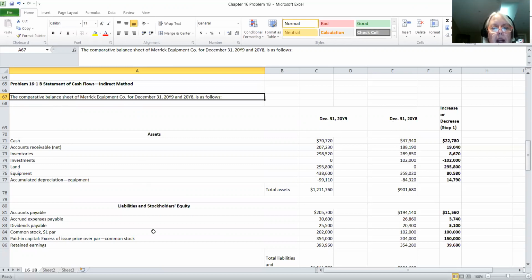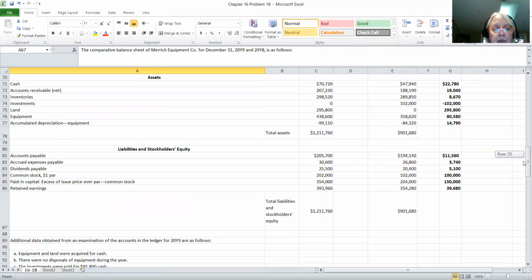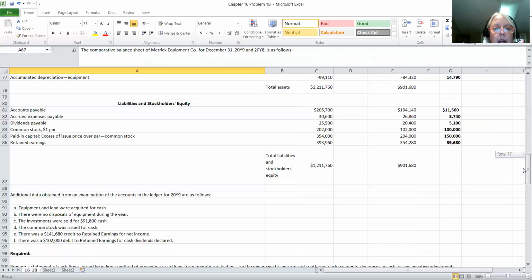The amounts of the balance sheet are recorded below on this spreadsheet here, and these amounts for 2009 and 2008 are given to you. They've also given you some additional information for helping you to analyze what happens in the statement of cash flows for this period of time.